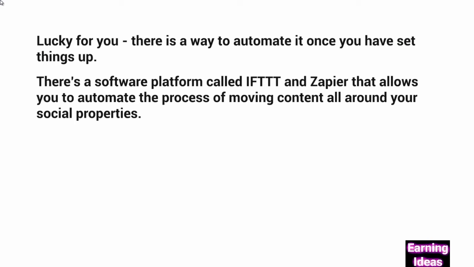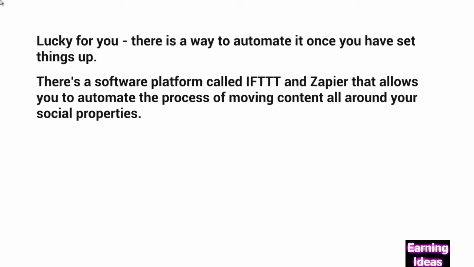Now, there's a software platform called IFTTT, and there's another one called Zapier.com that allows you to automate the process of moving content all around your social properties. So you could take a YouTube video and have it pushed to your WordPress site, and by pushed I mean have it embedded on your WordPress site and then have it shared on your Facebook fan page, your Twitter page, your Instagram, and all of that.